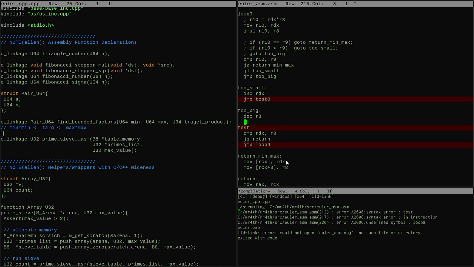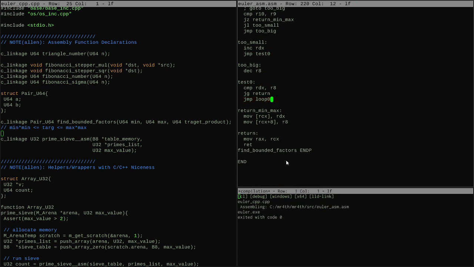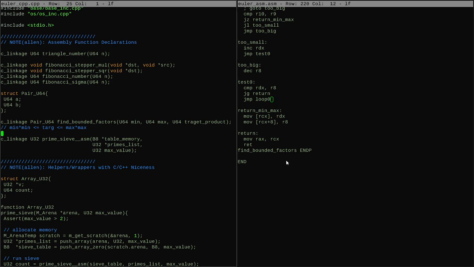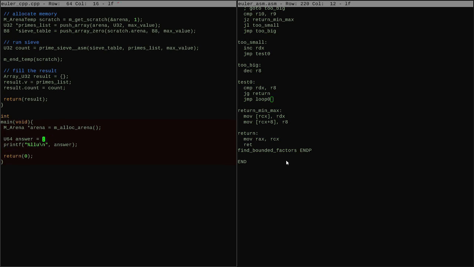I suppose I probably can't use test since that's an instruction name. And that's a typo. All right, so let's just start with pair U64, find bounded factors, find from 10 to 99, 9009.